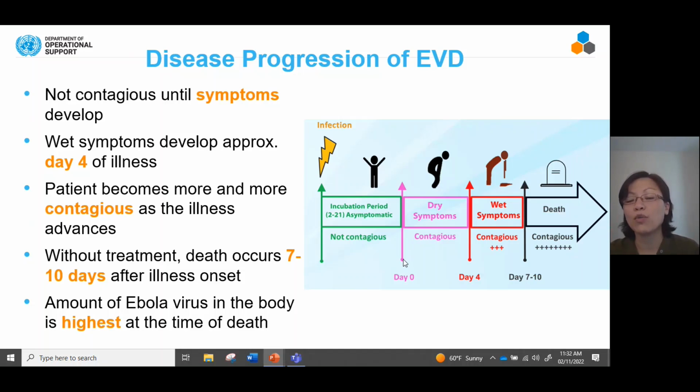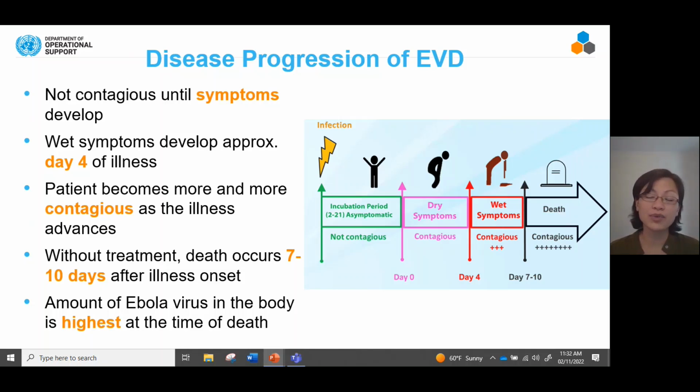And then when you start having symptoms, that's when you start to be contagious. After day 3 or day 4, these symptoms may become wet symptoms, like what I said before with the vomiting and diarrhea and bleeding. And then by day 7 or day 10, death can occur. And that's also when the amount of virus in your body is the highest.